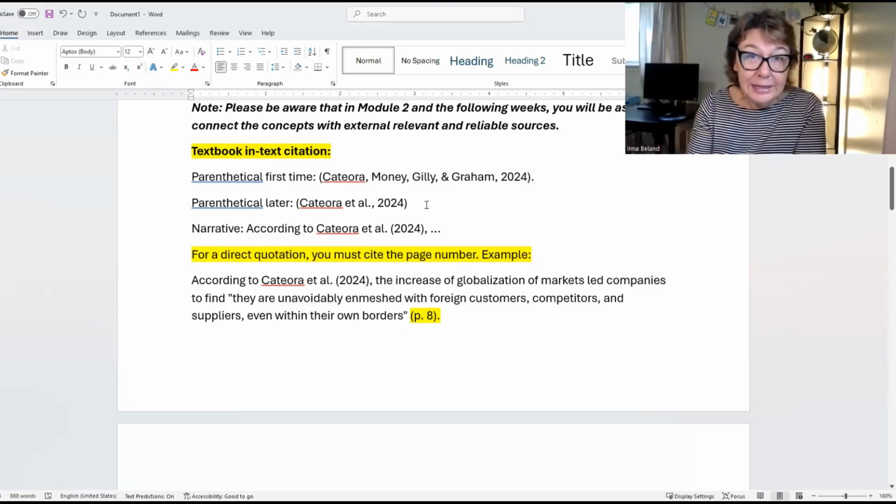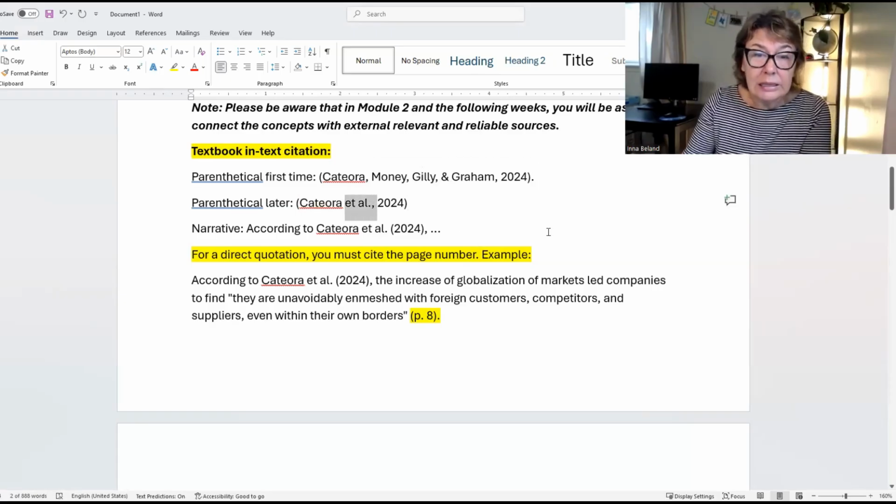When you later cite the same source, you should use et al. It is used when we have 3 or more authors of the source. So, for example, here in this citation, Kotler et al.